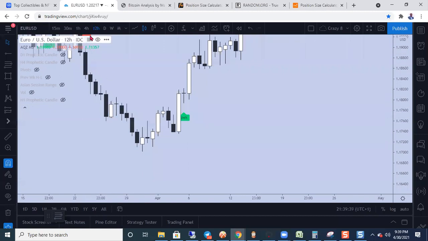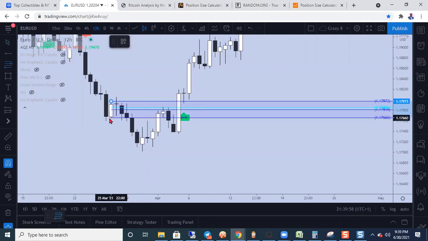So when price returns to this bullish candle on the 12 hours, right? For those of you who've been seeing my charts on crypto, I prefer marking them up on the 12 hours. That way I can easily come back just twice a day to look at my charts and not bog my head, right? So here is a bearish candle, bearish AQZ setup.